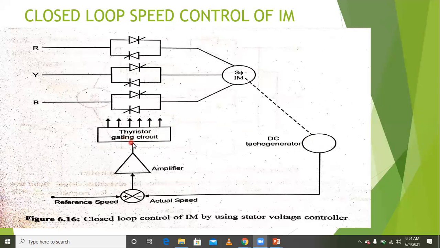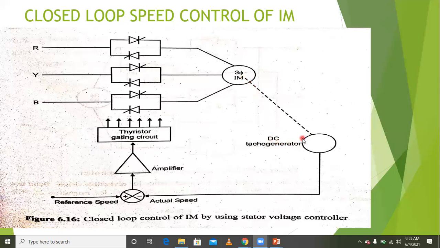A DC tacho generator is coupled with the induction motor shaft. The induction motor output is mechanical, and that mechanical output is coupled to the DC tacho generator.